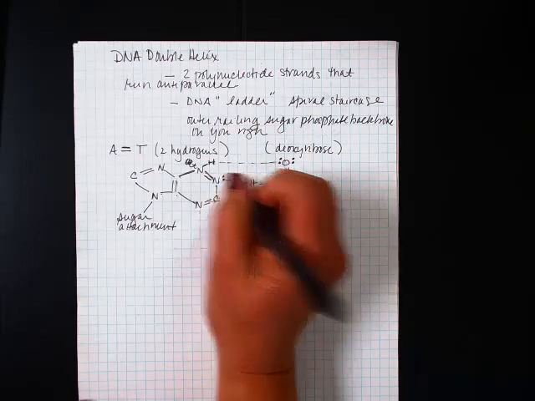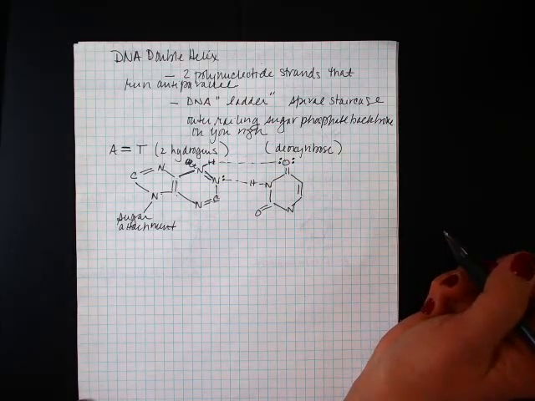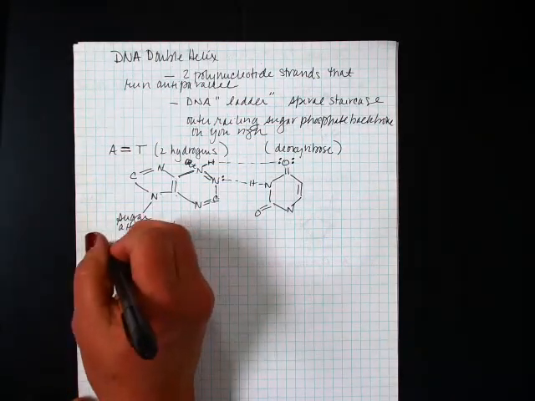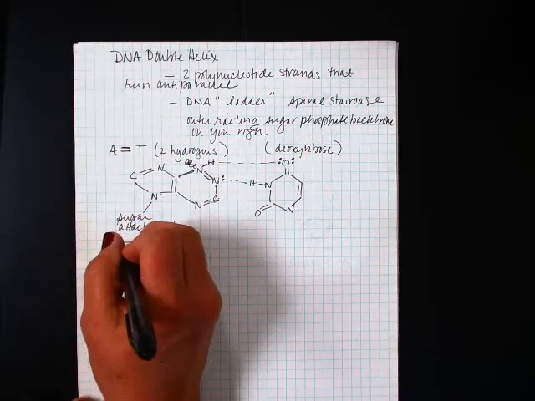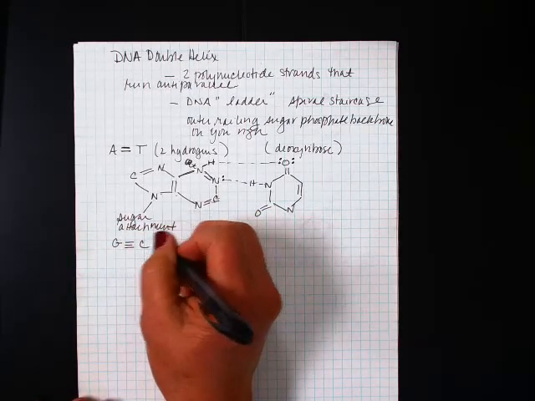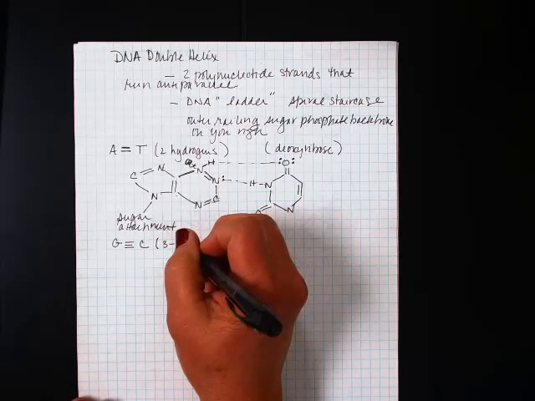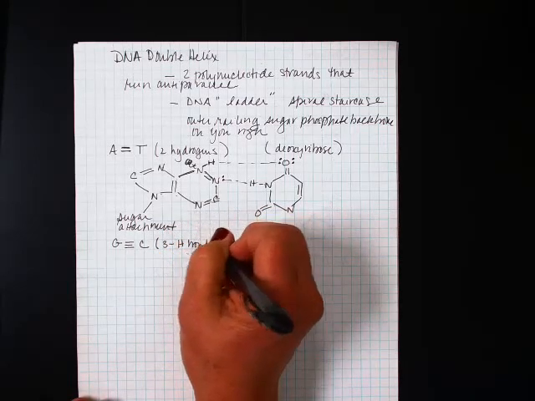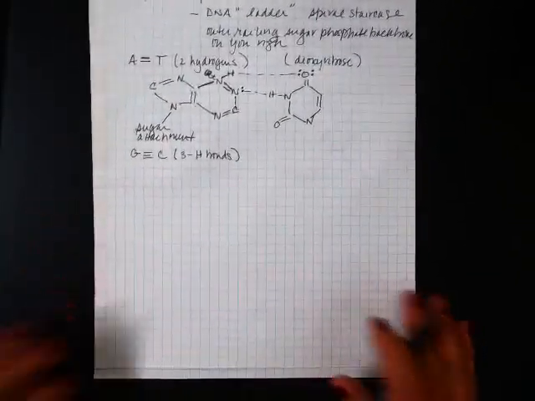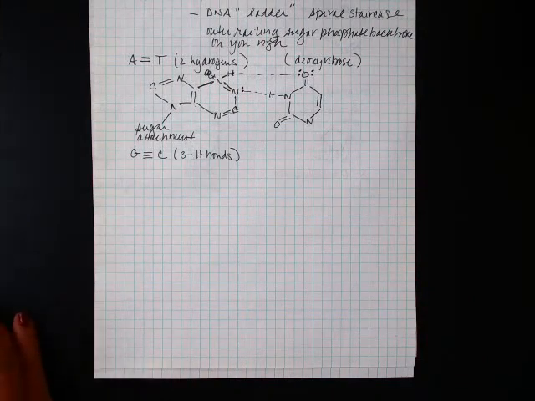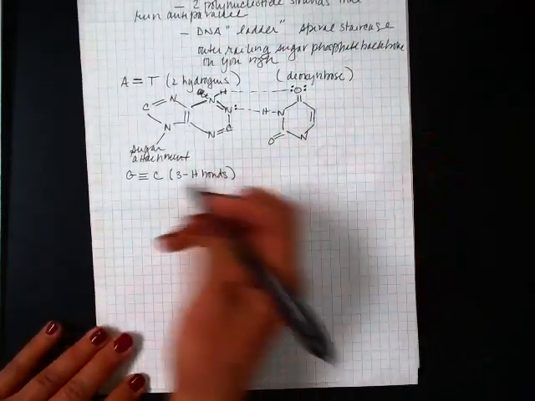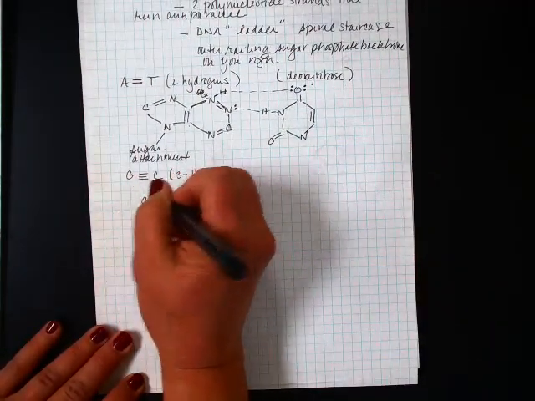Now, guanine and cytosine base pair, and these form 3 hydrogen bonds when they interact with one another. So again, this is the sugar attachment.